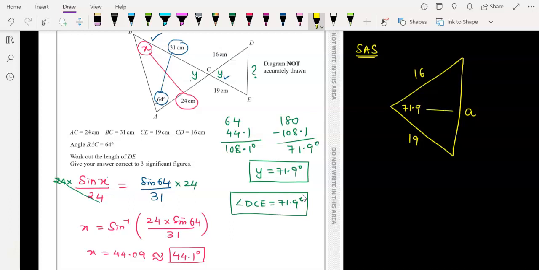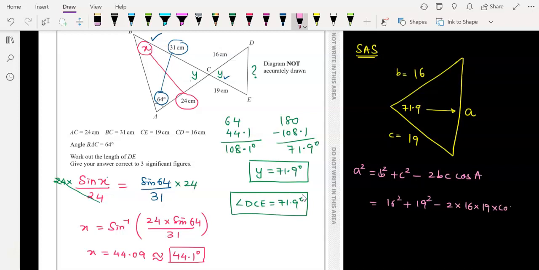We always name the side opposite to the angle as A, and take the other two sides as B and C. So the formula is A squared equals B squared plus C squared minus 2BC cosine of angle A. So 16 squared plus 19 squared minus 2 times 16 times 19 times cosine of the angle between them, which is 71.9.